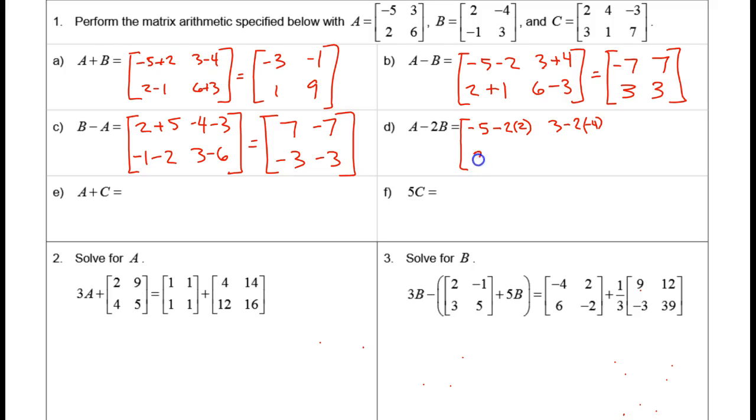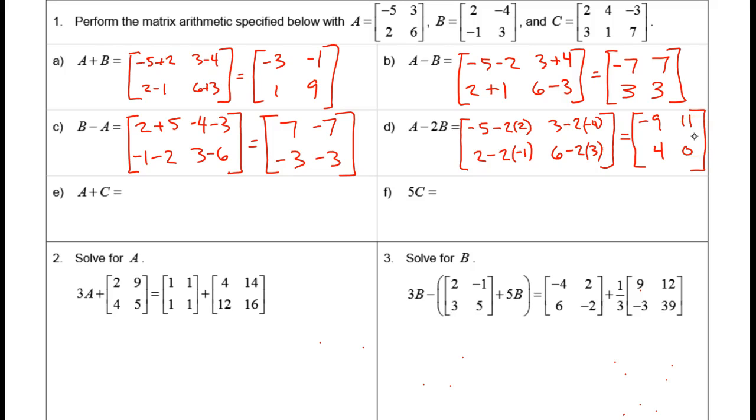Lower left, I have 2 minus 2 times -1. And then in the lower right, I have 6 minus 2 times 3. When you complete that multiplication, addition, and subtraction, you end up with the matrix here, this 2 by 2 matrix. And again, this is pretty much like you would expect it to work.